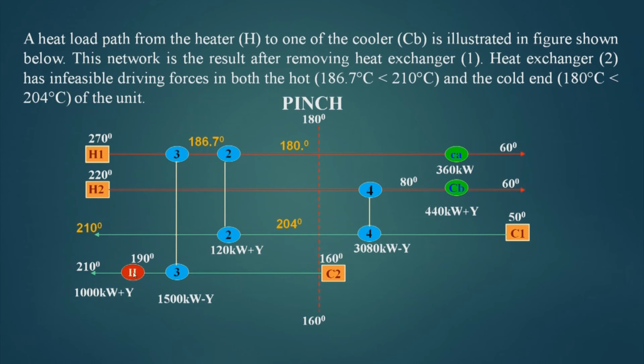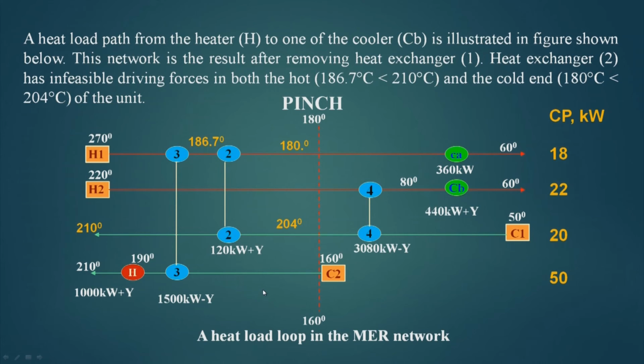Now, we have added the capacity to all these heat exchangers. Now, a heat load path from the heater H to one of the cooler CB is illustrated in the figure.